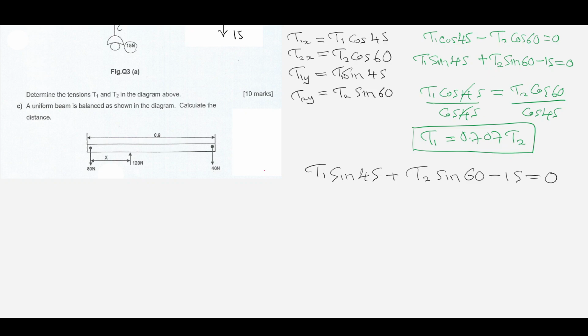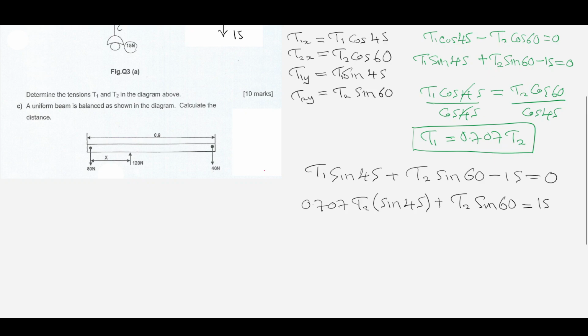So where we have T1, we are going to replace with that. So here we're going to have 0.707 T2, then times sine 45, plus T2 sine 60 equals, so 15 is going to go this side, so when it crosses it will be positive 15, since it's negative 15 this side, equals that.